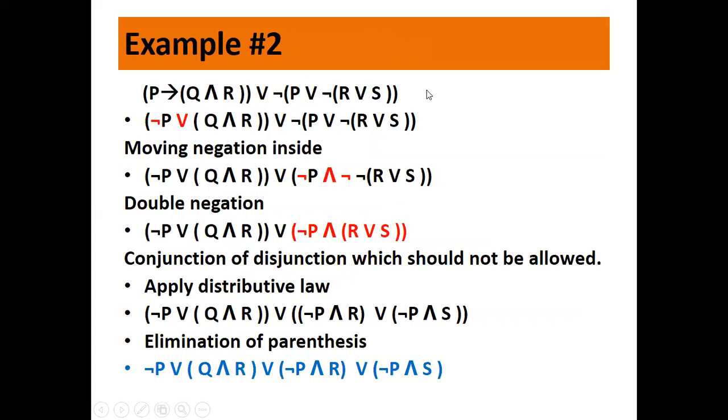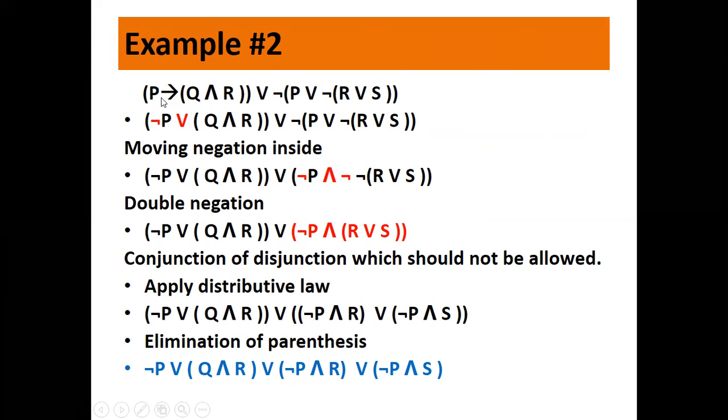Now this is the statement given: P implies Q and R, or negation of P or negation of R or S. This statement is in WFF form and you need to convert it into disjunctive normal form. Again, look at the statement carefully.